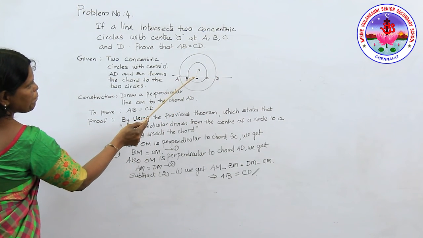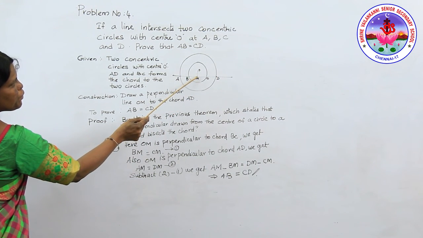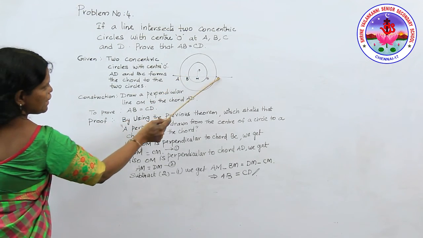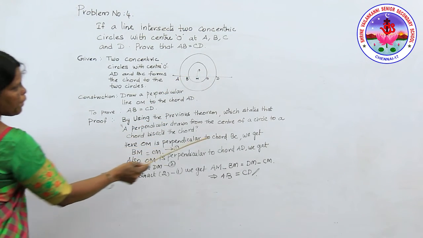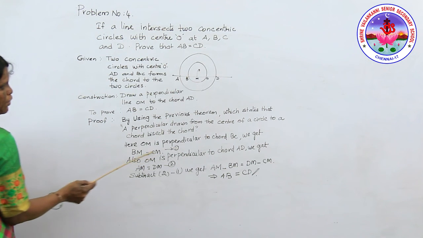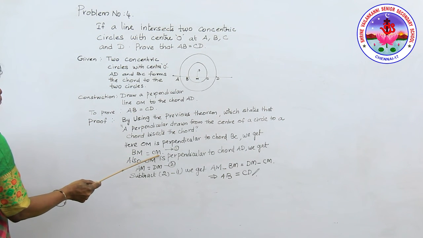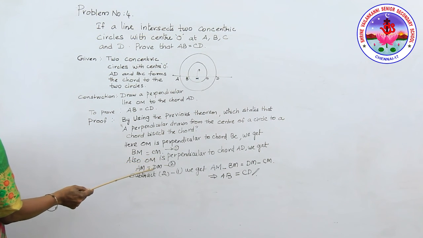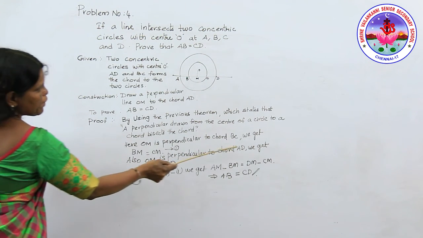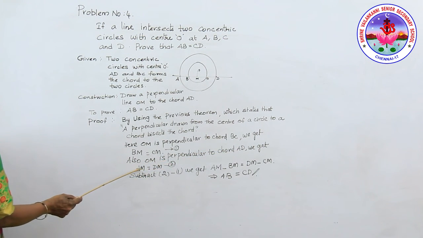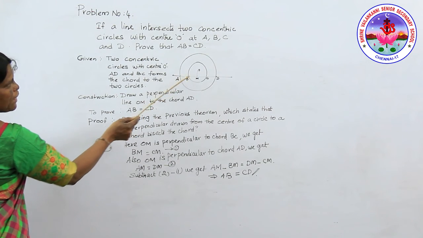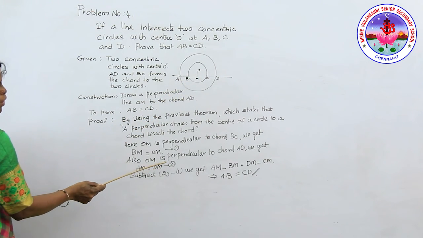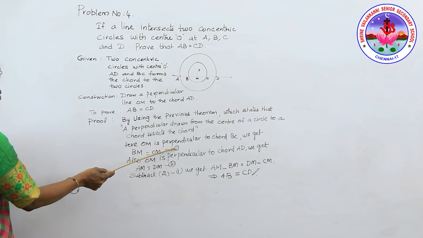So this OM bisects my AD into two equal halves, AM and DM. So I have written that OM perpendicular to BC, so my BM is equal to CM, bisects into two equal halves. Similarly, OM perpendicular to AD bisects into two equal halves, AM and DM. So we call this equation 2 and this equation 1.